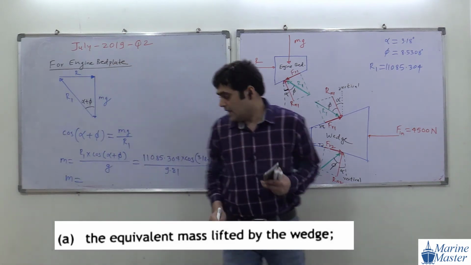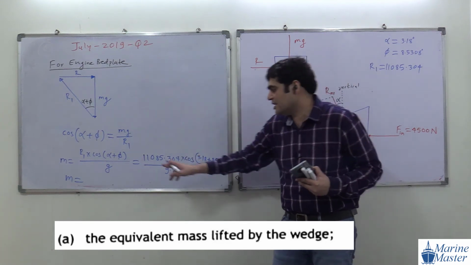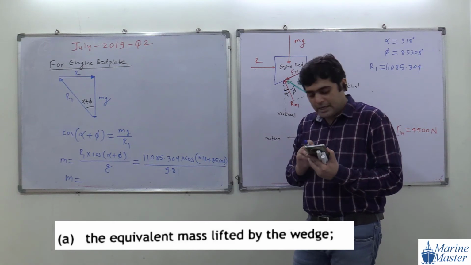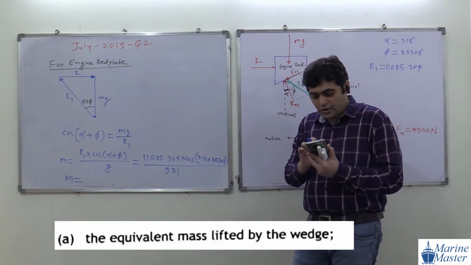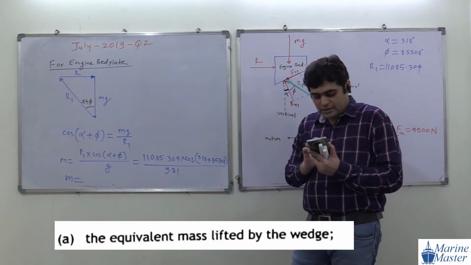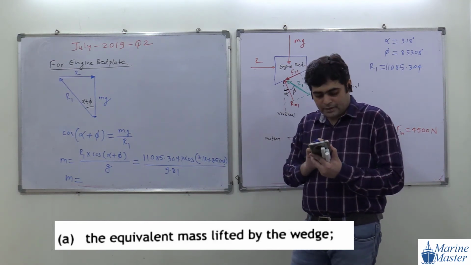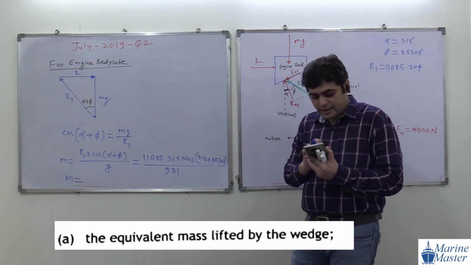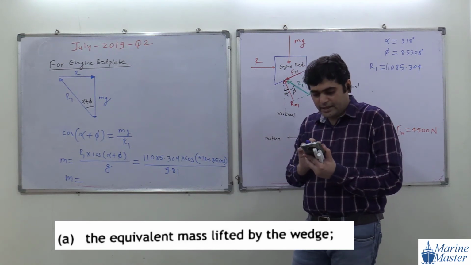Any more mistakes from my side? Please always be attentive. So 11085.304 into cos of 3.18 plus 8.5308, divided by 9.81.